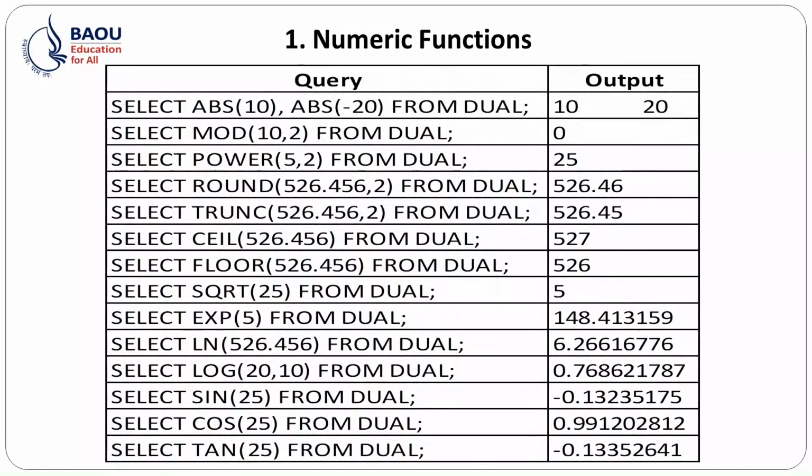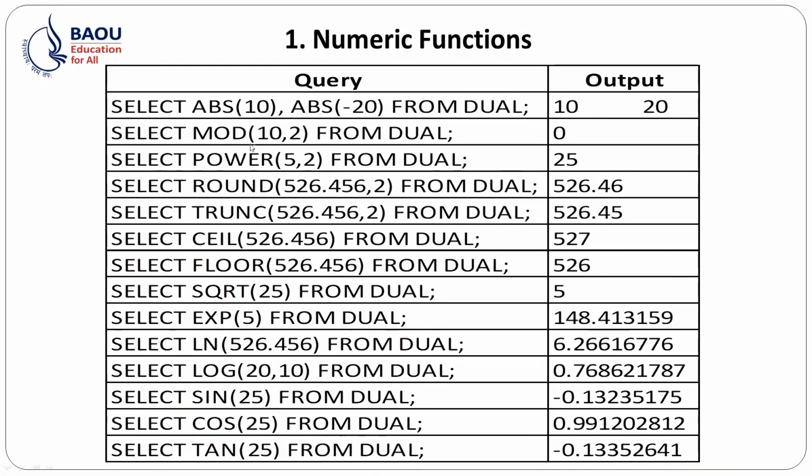See, here: select ABS in brackets 10, and then here minus 20. The absolute value is used to give the number without sign. So the number 10 is written as 10 and minus 20 is written as 20, the number without sign.